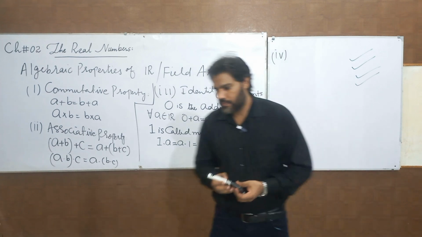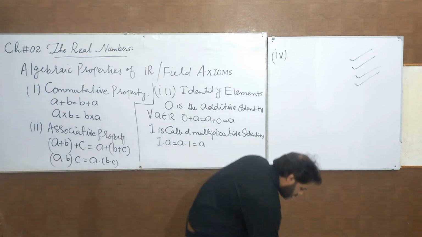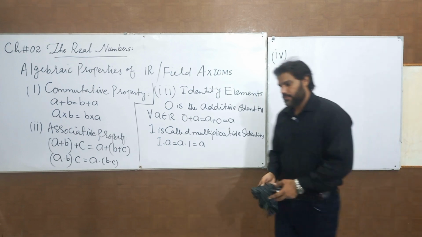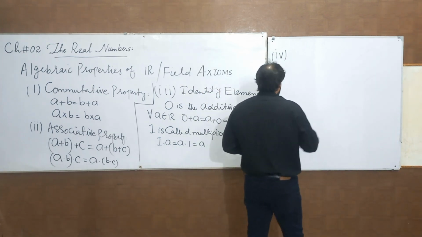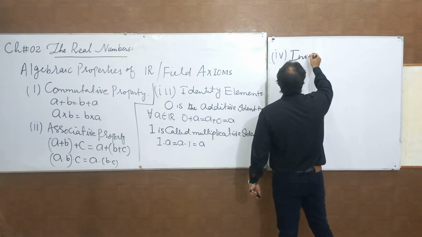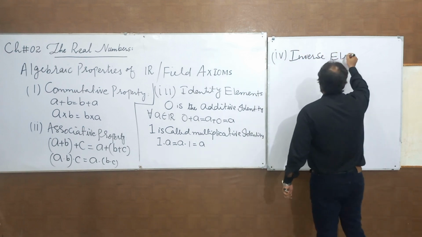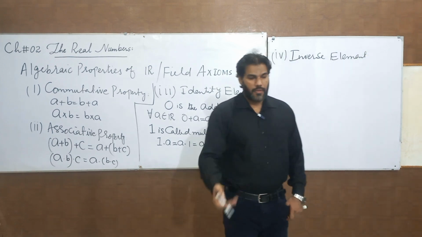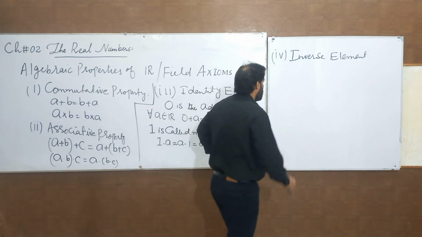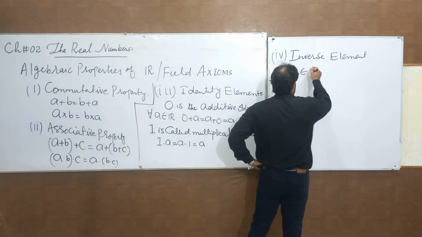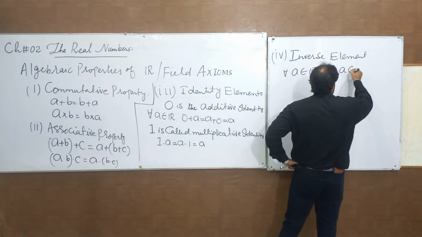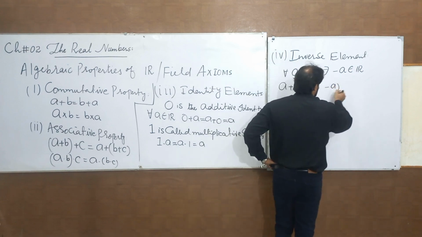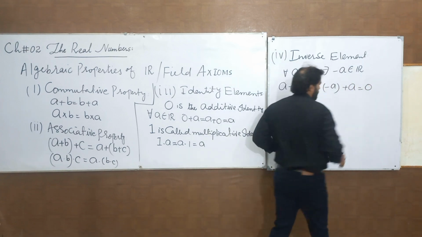The fourth one is the inverse element. In case of addition, for all A belonging to R, there exists minus A belonging to R such that A plus (minus A) gives us the additive identity.